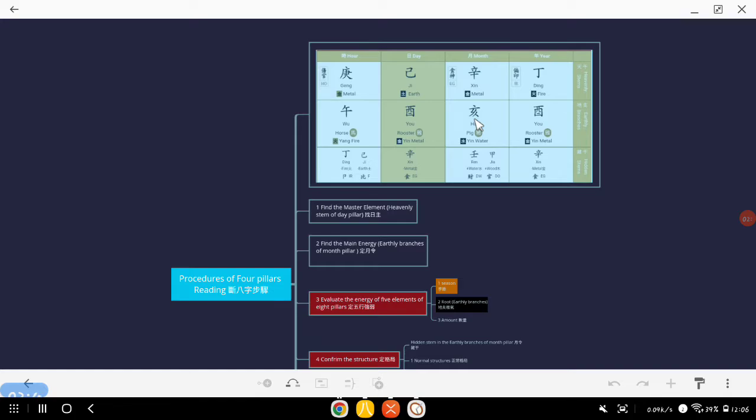And the wood element, because water produces wood, will also be enhanced in this season. But the metal element, because water weakens the metal, has been weakened a bit. It's not fully powered.